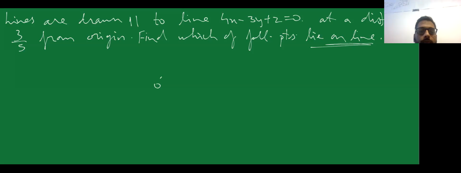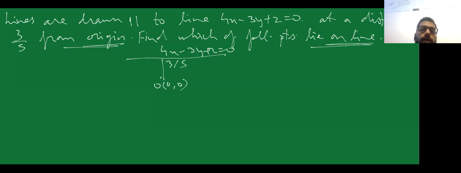There is a point O, which is the origin 0, 0. It is mentioned in the question, and at a distance of 3 by 5. So let us say this is my 3 by 5 distance. One line is drawn, this line, which is 4x minus 3y plus 2 is equal to 0.